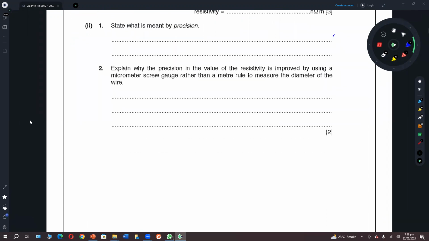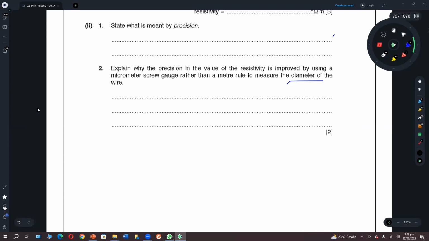Explain why the precision in the value of the resistivity is improved by using a micrometer screw gauge rather than a meter rule to measure the diameter of the wire. It's a basic theory question because micrometer has a smaller least count. You can say micrometer can read to a much smaller reading.